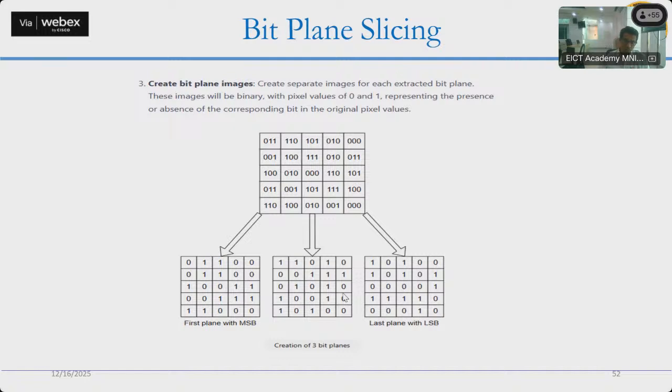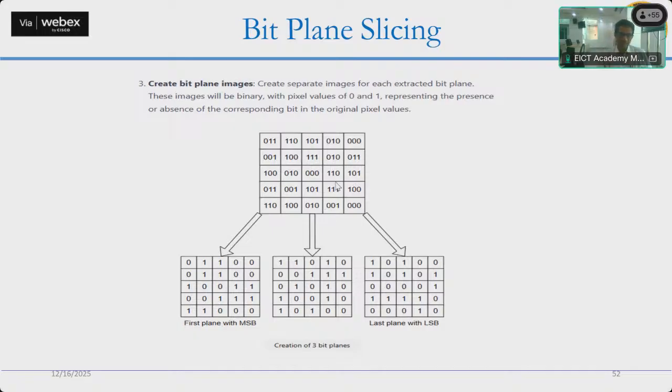Now you will create a separate image for each extracted bit plane. Right? A plane is of 2 dimensions.